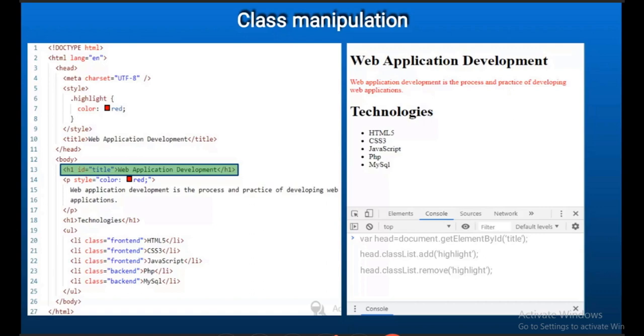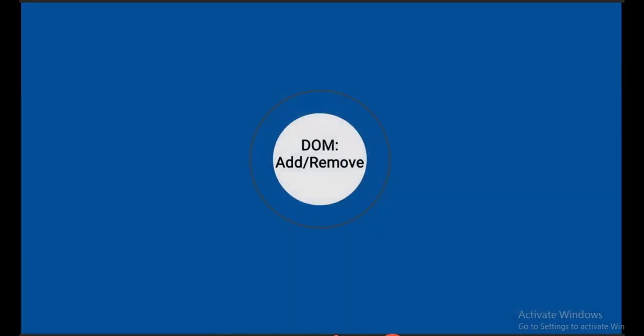So that was about DOM manipulation. We have seen how to manipulate text content and inner HTML, and the difference between those two. Then we have seen how to manipulate attribute values. We can change attributes like src, href, style. Style is even an attribute, so we can manipulate any attribute.